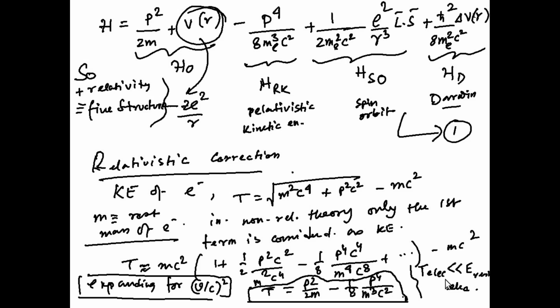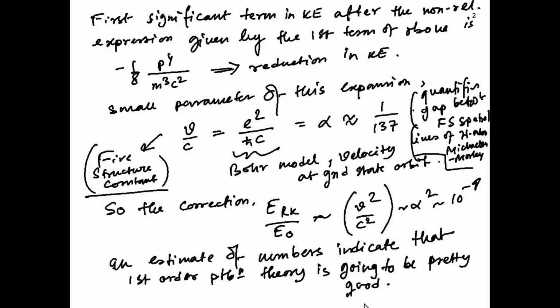That is an approximation valid only if the kinetic energy of the electron is much less than the rest energy of the electron. That is usually true, because the velocity of the electron is not like the speed of light, so you can show that this is a correct approximation. So that is the form of my kinetic energy, and this term is the first significant term in the kinetic energy after the non-relativistic expression.